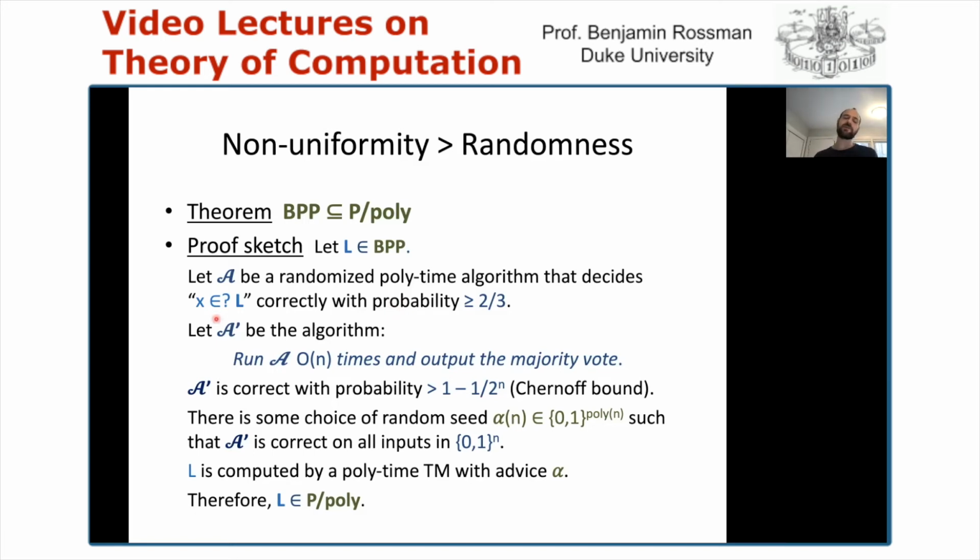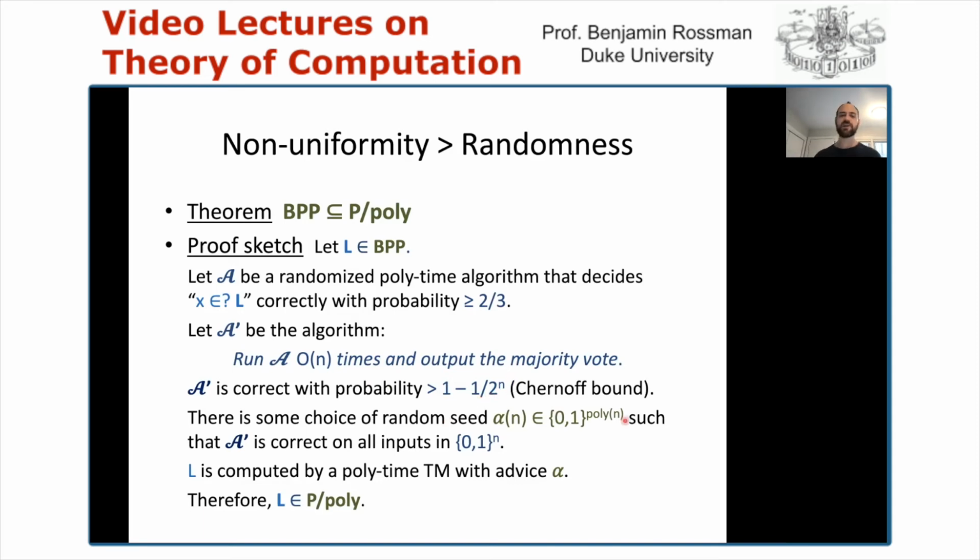Now we're going to define another polytime algorithm A prime, which is simply to run the algorithm A some order n times and output the majority answer. And one can easily show using the Chernoff bound that A prime is correct with probability at least 1 minus 1 over 2 to the n.